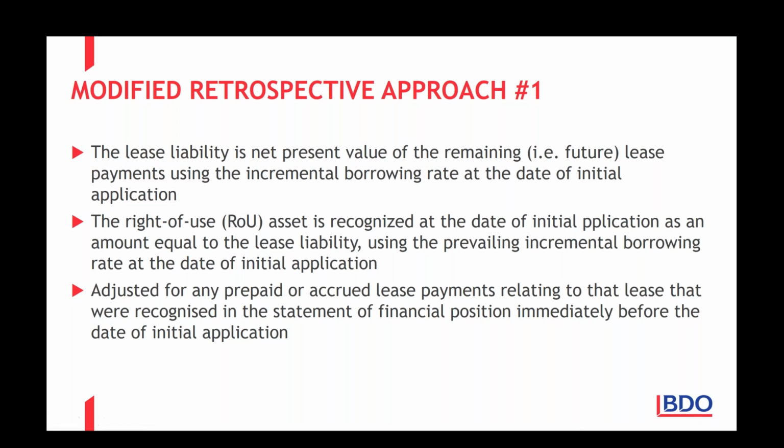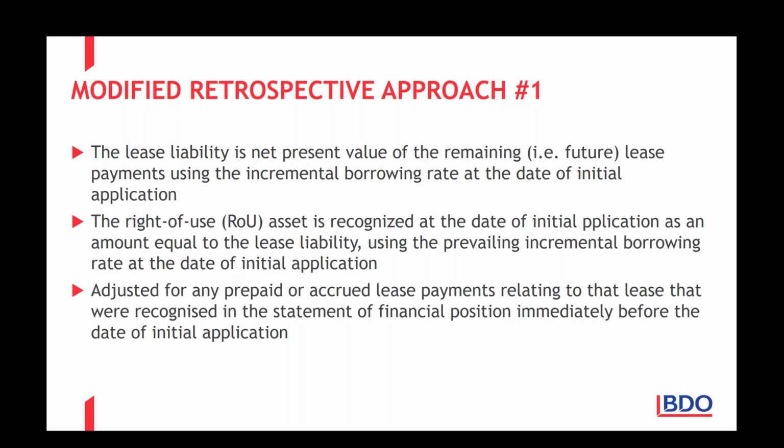If you then go on and you look at the right of use asset, we'll say the right of use asset is recognized at the date of initial application, and that's a terrible typing mistake I've got there. The right of use asset is recognized at the date of initial application as an amount equal to the lease liability that we've just calculated, using the prevailing incremental borrowing rate at that date of initial application.